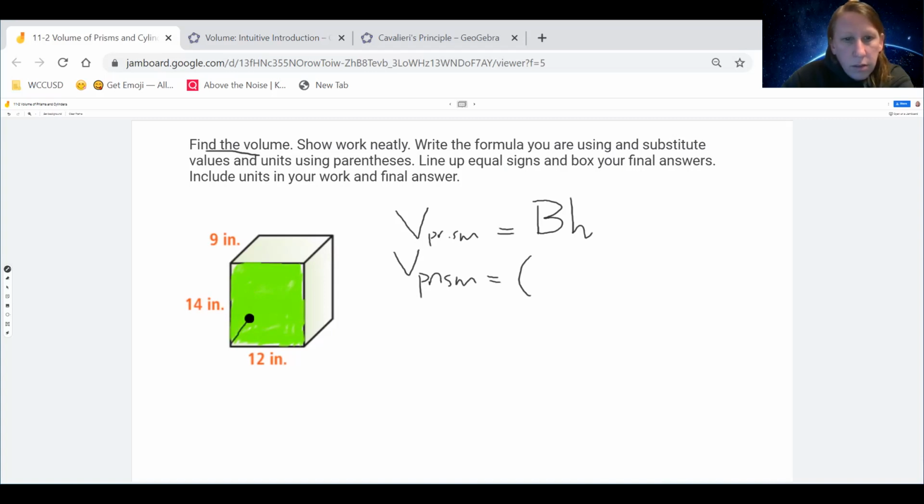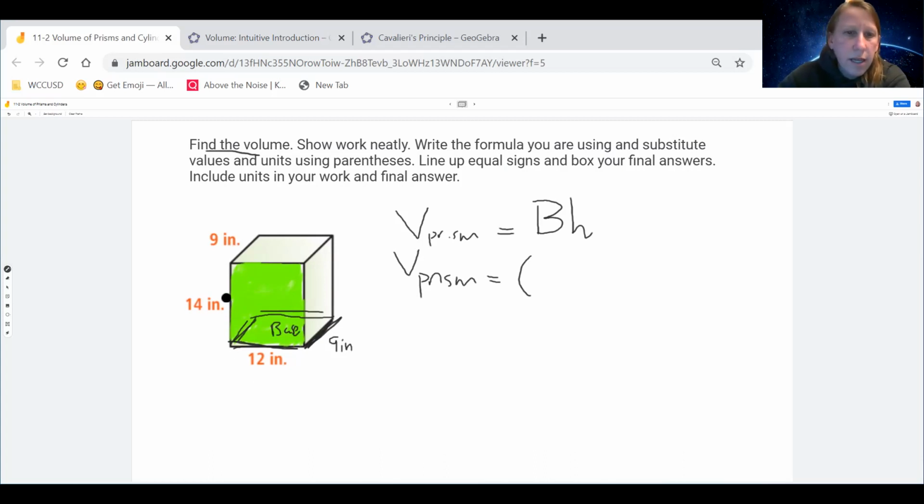I'm going to do this as the base. So it's 12 along here, and how much along here? This is 9, isn't it? Yeah. Because I'm going to call this the base down here.